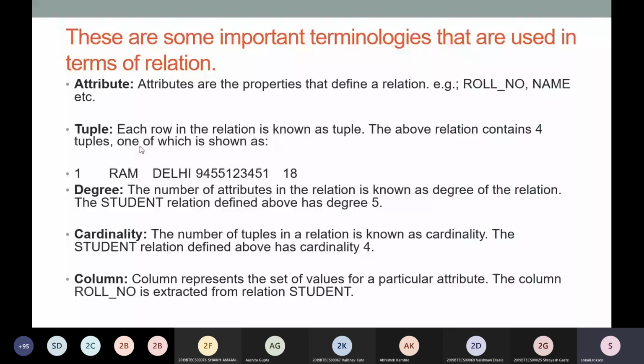Tuple: each row in a relation is called a tuple. So the above relation contains tuples, one of which is known as the first. Suppose roll number 1, Ram, then Delhi. So the city will be Delhi, the phone number will be applied here, and many more.